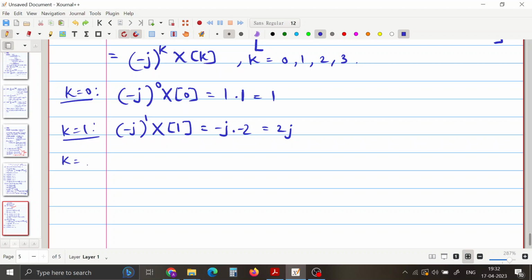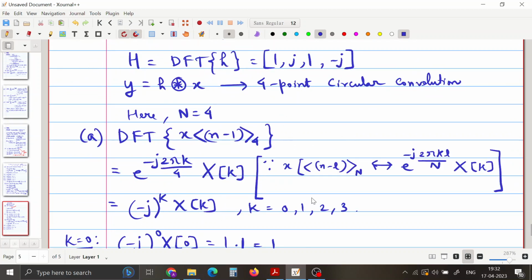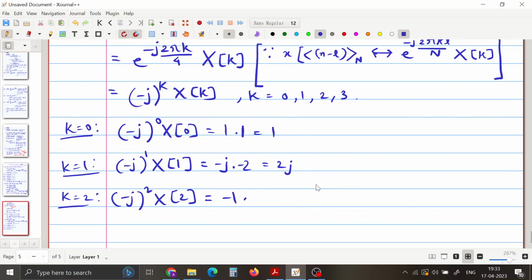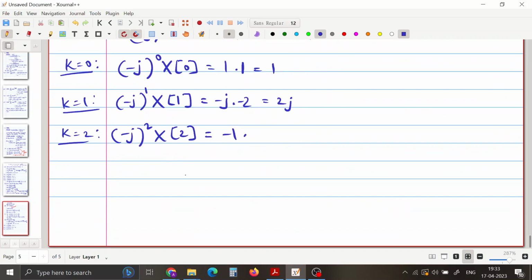Sorry, this k equals 2 now. So this is minus j to the power 2 times cap X of 2, which is minus 1 times, what is cap X of 2? It's the third coefficient, which is 1. This is minus 1.